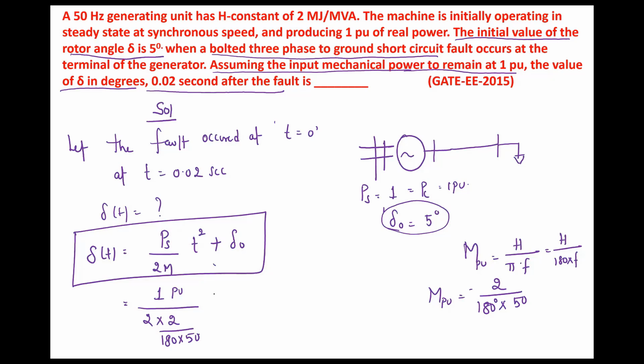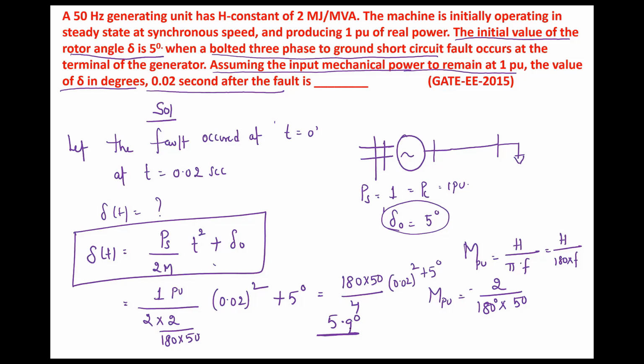Okay, what is the t value? 0.02 whole square, because 0.02 seconds after the fault, plus delta naught is 5 degrees. Understand? So if you simplify all this, you're going to get 180 into 50 divided by 4 into 0.02 square plus 5 degrees. The total value will become 5.9 degrees.